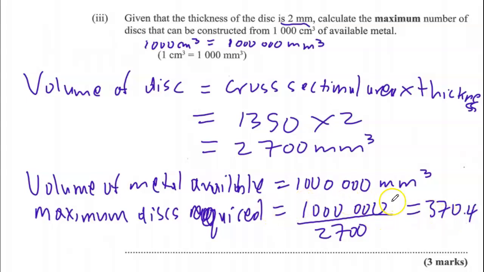But we'll talk about the maximum, which would definitely be equal to 370. So we round down. Remember, the number of disks cannot be in decimals.